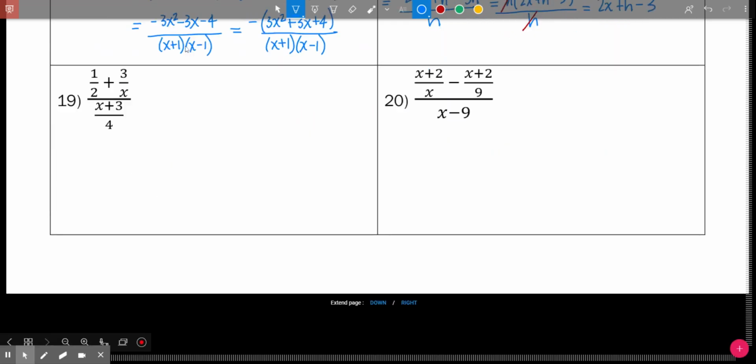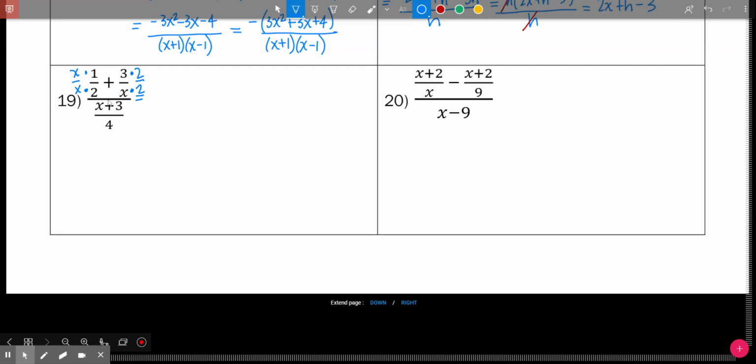In 19 and 20, we're combining the concept of multiplying and dividing rational expressions with adding and subtracting rational expressions. So on the top, remember you want a common denominator, so I'm going to multiply the top and the bottom of my first term by x, and the top and the bottom of my second term by 2.